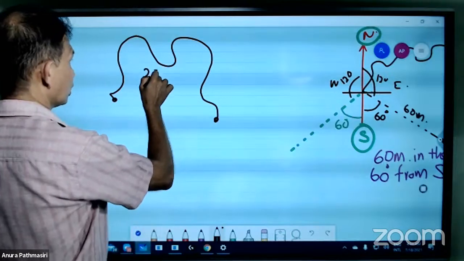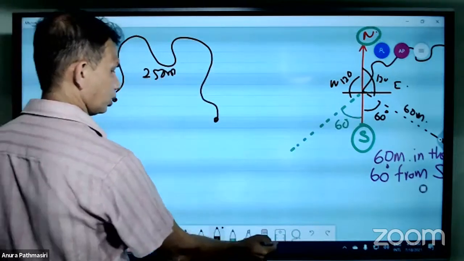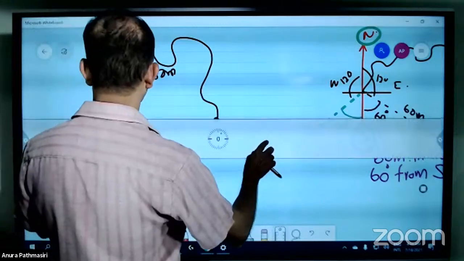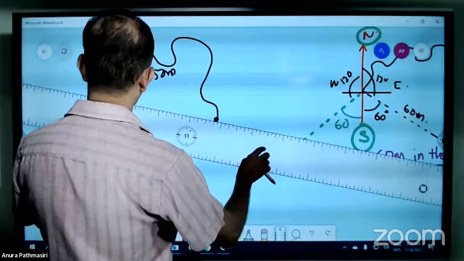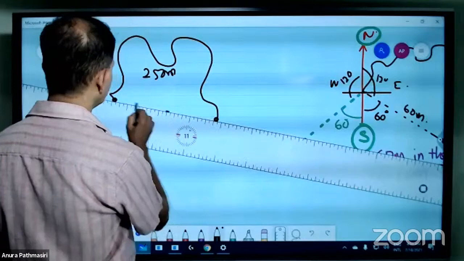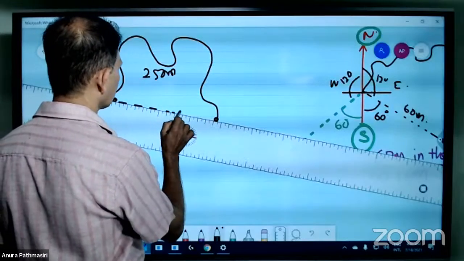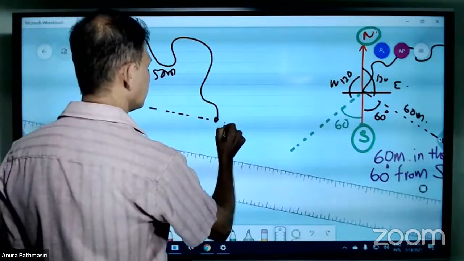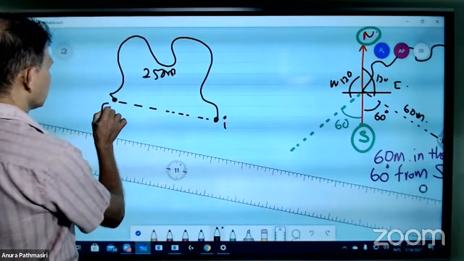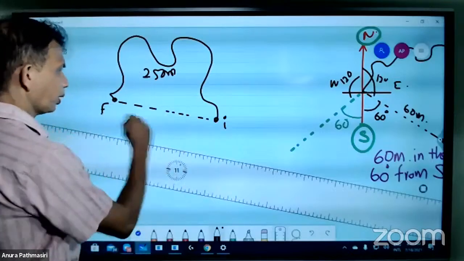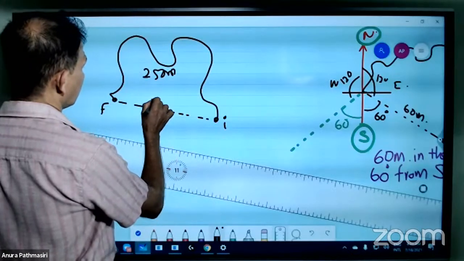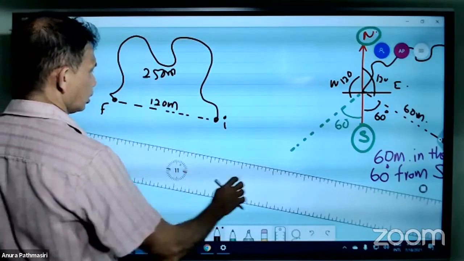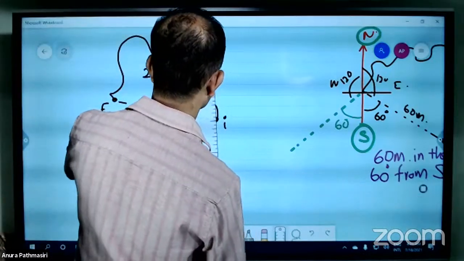This is 250 meters. The angle between the shortest length of the path between these 2 points, the initial position and the final position, is 120 meters. So this is the main direction.